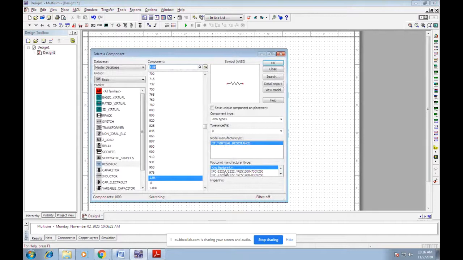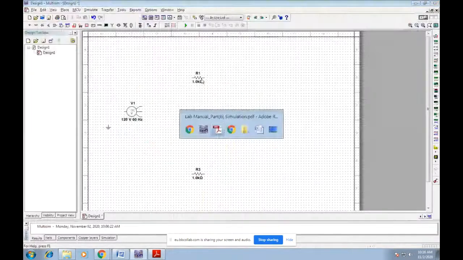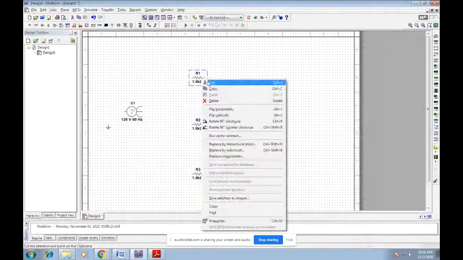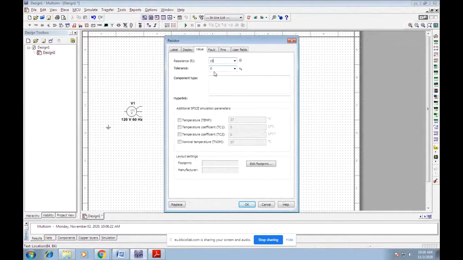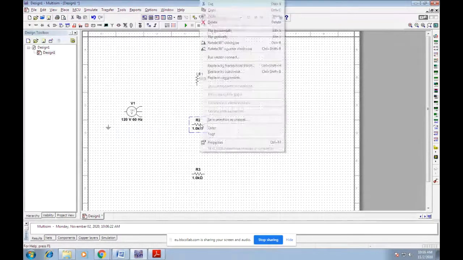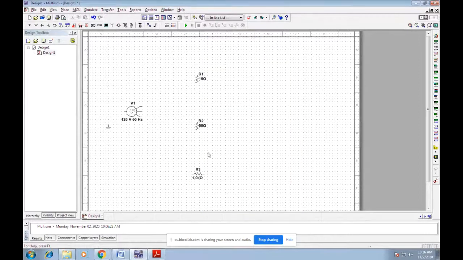As seen in the diagram, we require three power meters. First of all, let me change the values. This value is 15 ohms. The R2 value is 50 ohms.